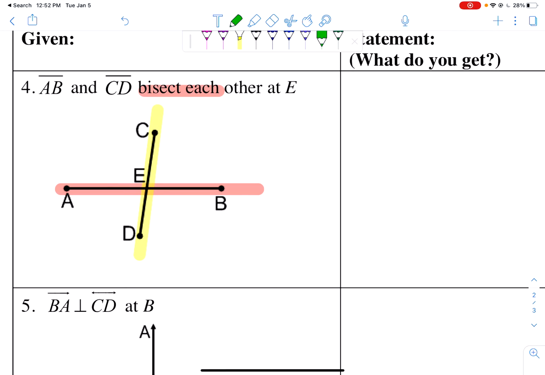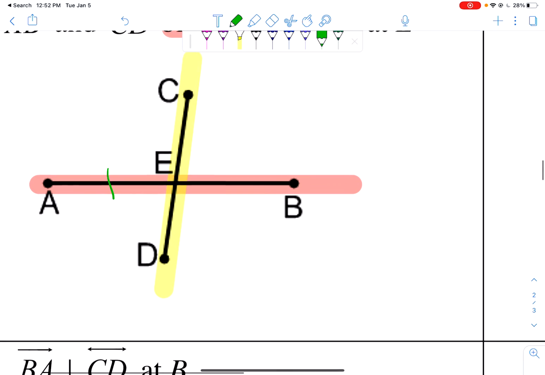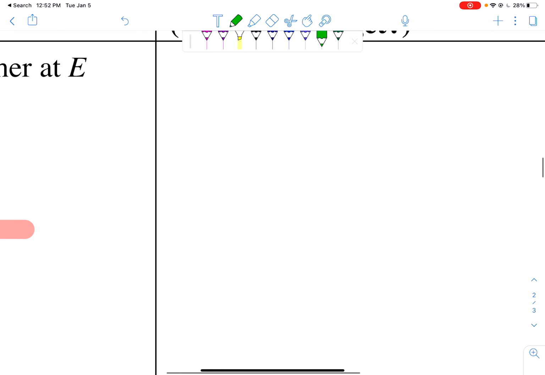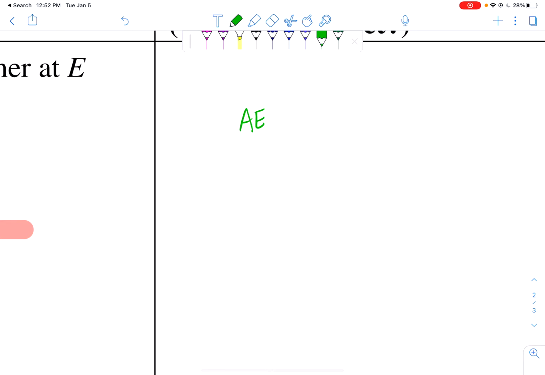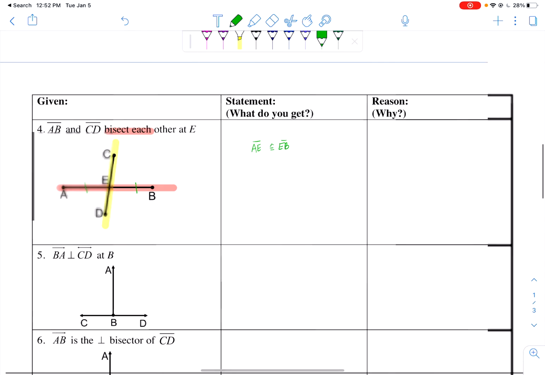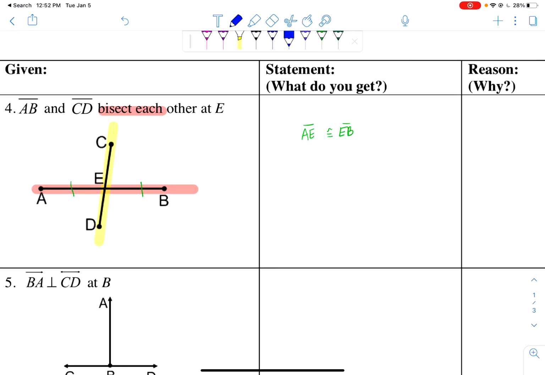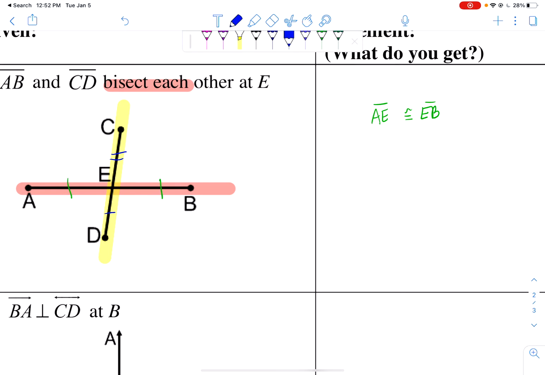I can say AE congruent to EB. And I can also say that CE is congruent to ED.